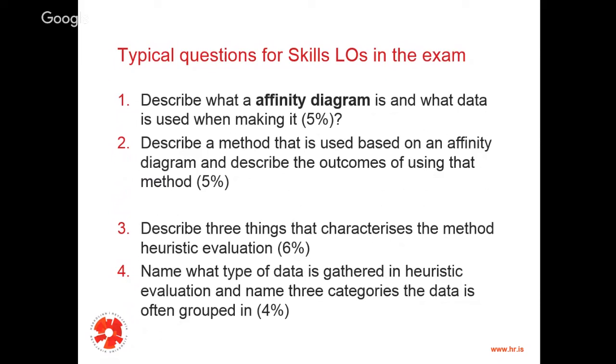This is the reason why it was 10%, because they used it. But you should be able to tell me what it is. Maybe I would say, describe one thing that characterizes heuristic evaluation, and I would then pick that it is an evaluation based on guidelines. That is really what makes it different from something else.